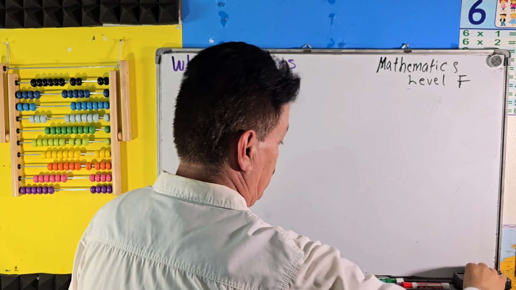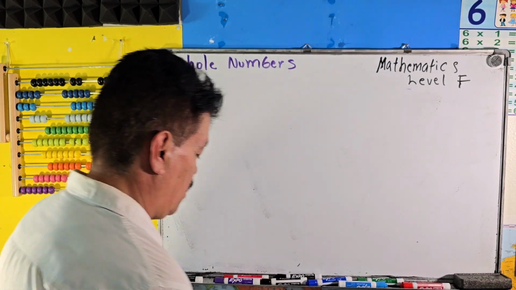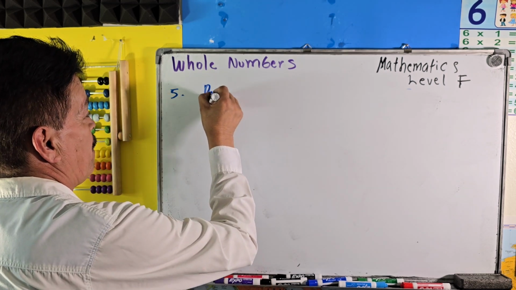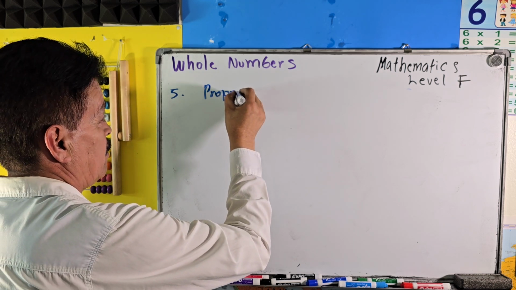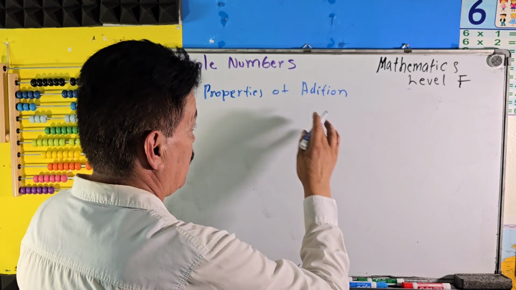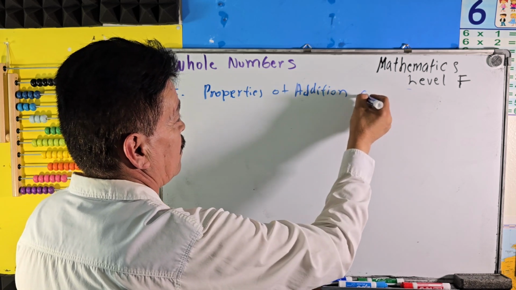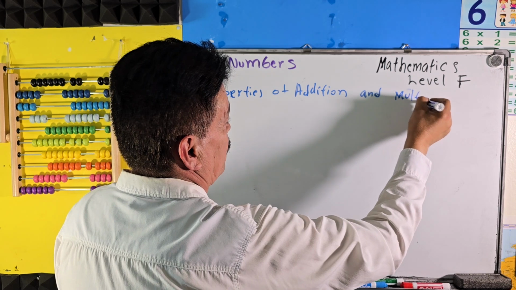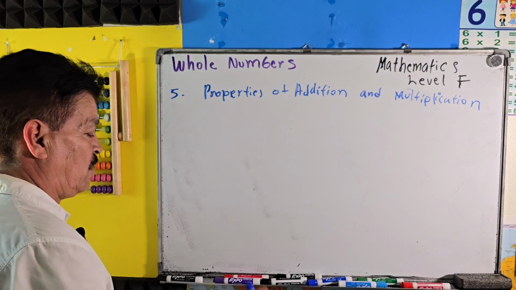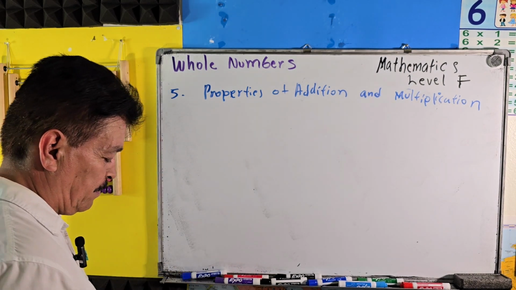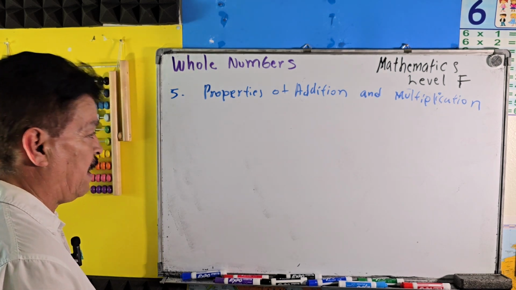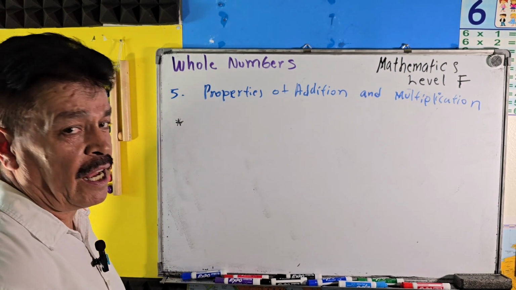Let's go one more level here. Now we have number 5, properties of addition and multiplication. I'm going to show you some properties.